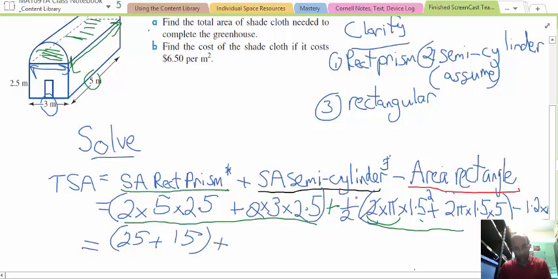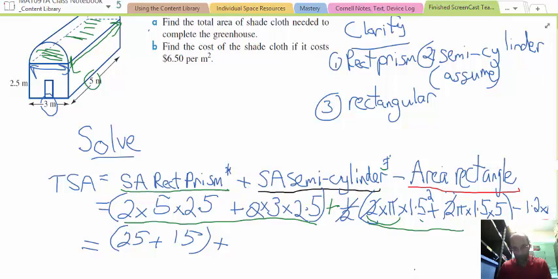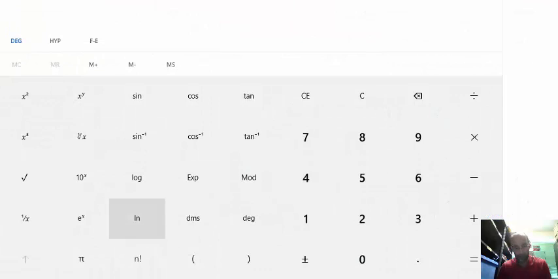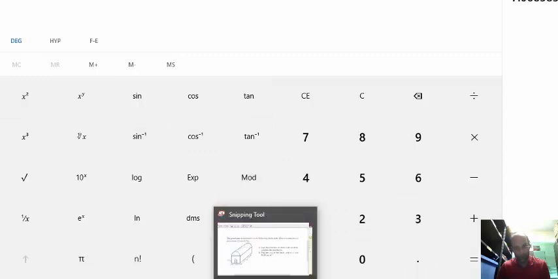If we've got half times 2, they cancel out, and a half times 2, they cancel out. So we've got pi times 1.5 squared. So we can use a calculator if you like. Pi times 1.5, and we square the 1.5 equals, I get 7.07.